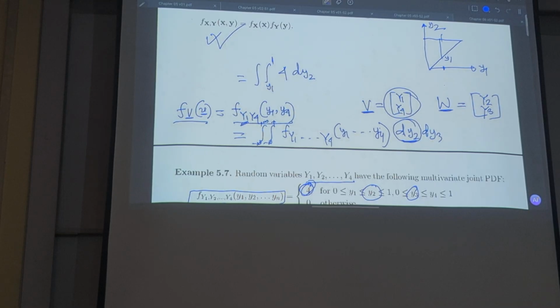Now for y3, for a particular value of y4, how do y3 and y4 relate? Once again, y3 is less than y4. Then for a particular value of y4, y3 will be from 0 to y4.